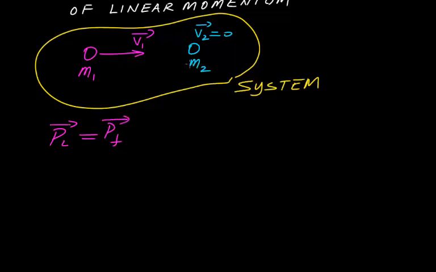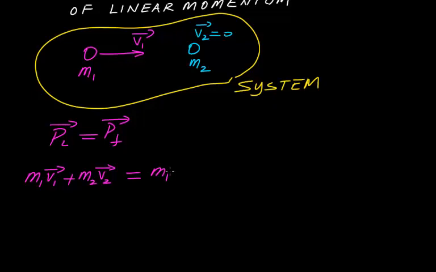The initial momentum is the momentum for both masses. So basically you have M1 V1 before the collision in vector form, plus the momentum of the other one, M2 V2, also in vector form, must equal the momentum of the two masses after the collision.